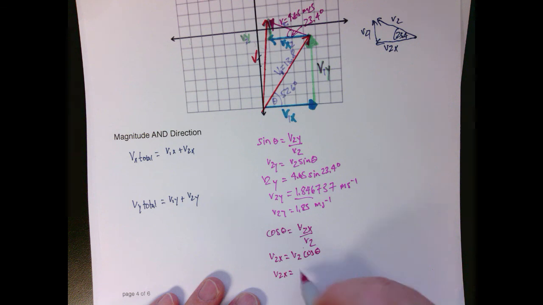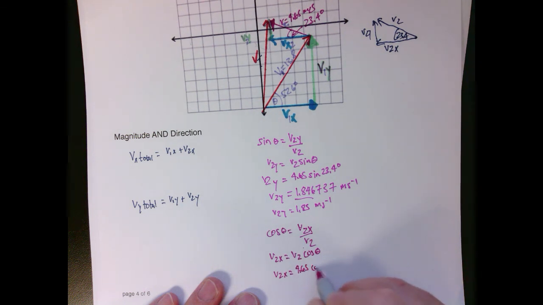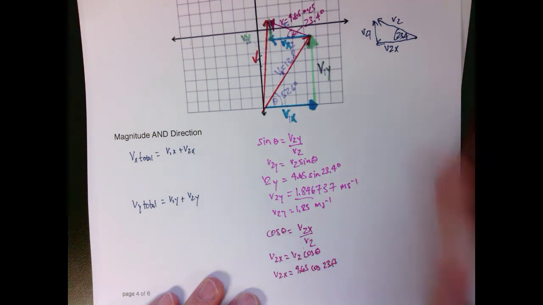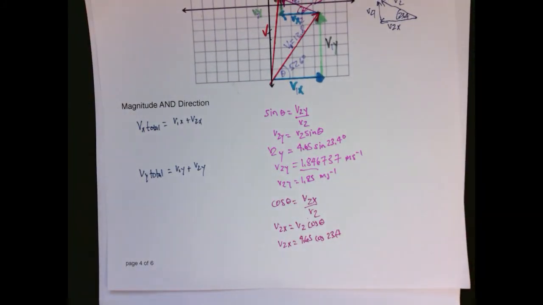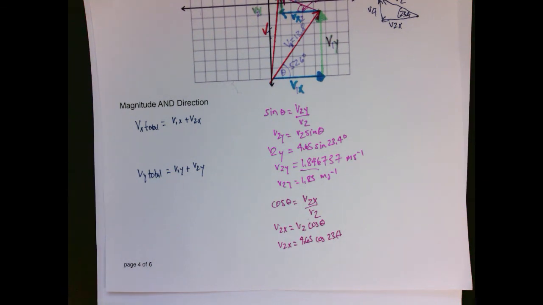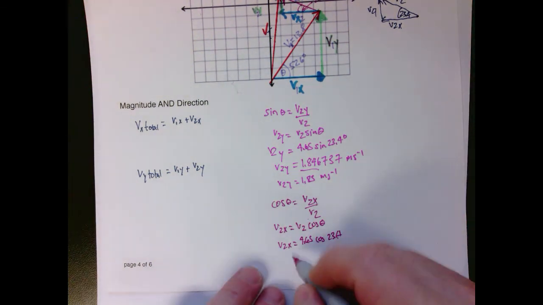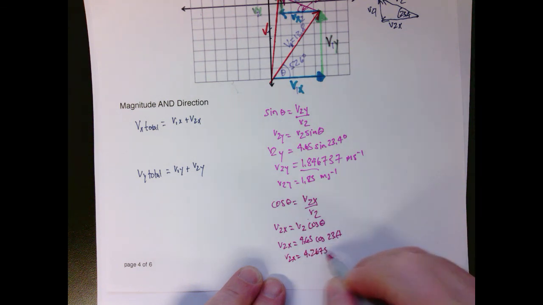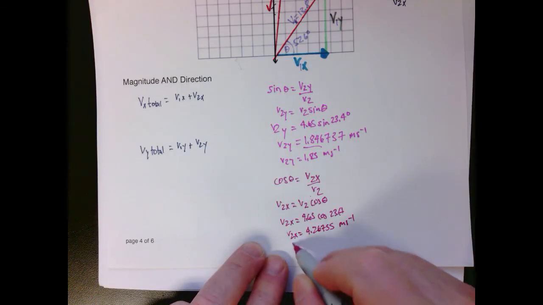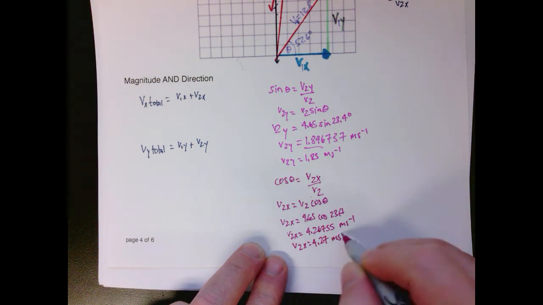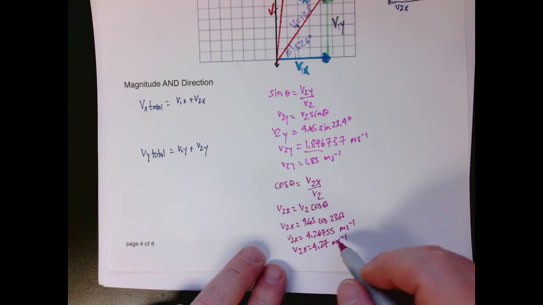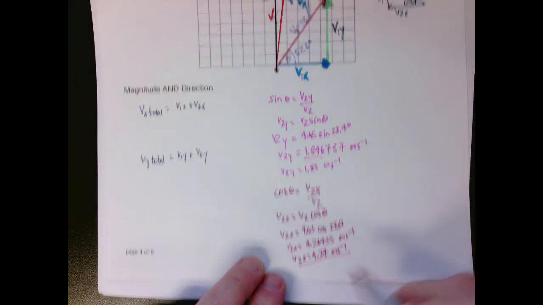V2x is 4.65 times the cosine of 23.4, and that is 4.26755, and v2x is 4.27 meters per second to 3 significant digits. Now, of course, we want to work with the unrounded values, but that's what we end up with.